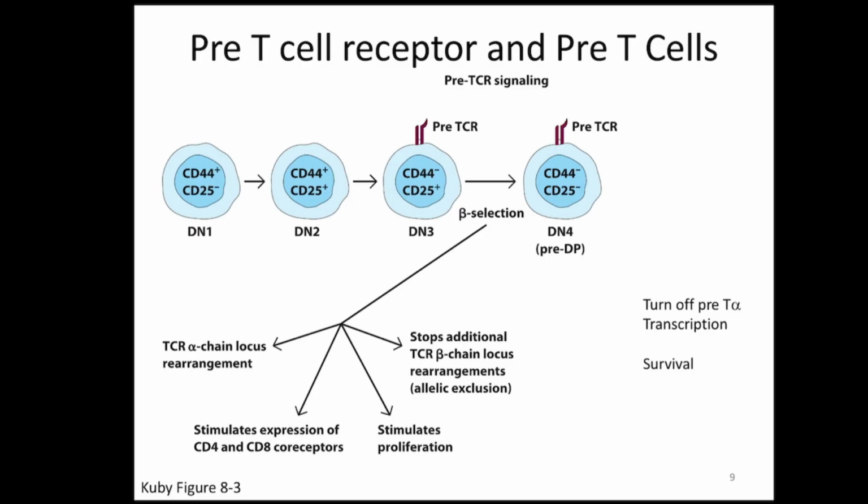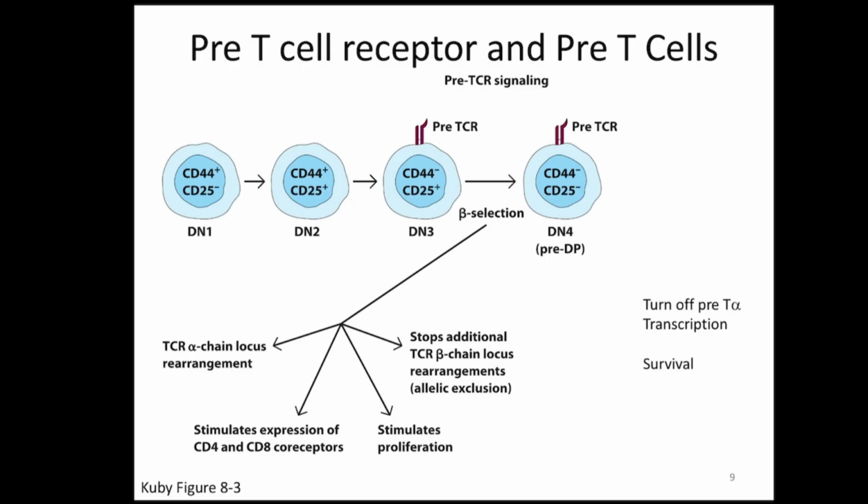We got a good beta chain. We don't want to make a second one. We want to have allelic exclusion and end up with a T cell with only one T cell receptor that has specificity for only one MHC plus peptide. If it didn't do this, we would have disaster of our T cell responding to two things. That would be very messy. We don't want that.